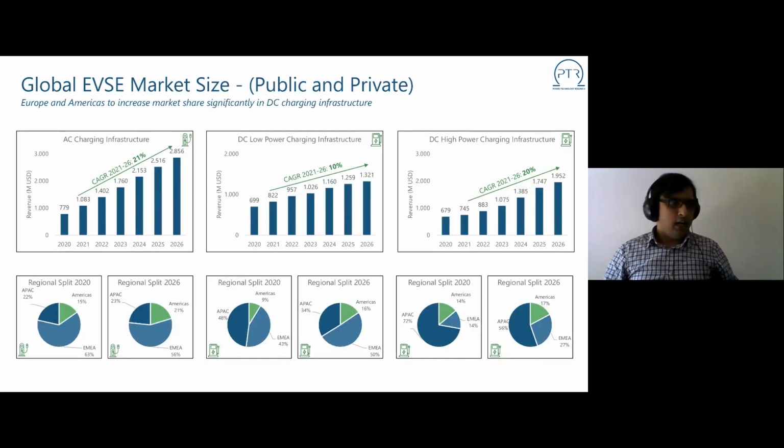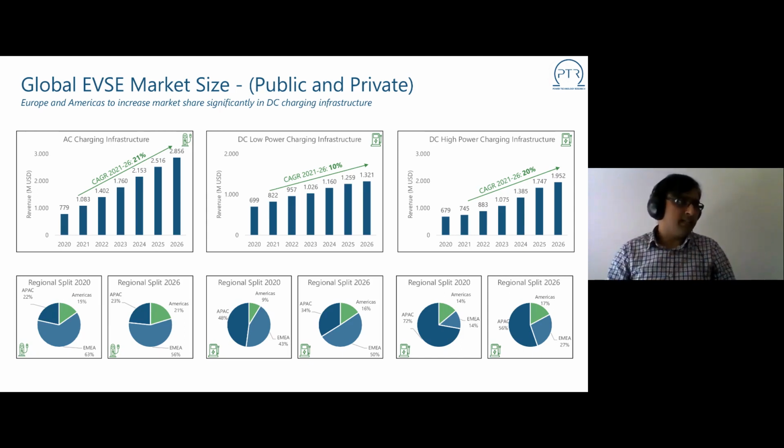To understand how this impacts the EV chargers market, as I discussed earlier, it's crucial to look at the chargers market separately for AC, and then within DC, low and high power charging. Here we have a cutoff of 60 kilowatt or 50 kilowatt, which was very common for DC high power charging. But now the trend is definitely shifting towards high power charging for DC, towards 100, 150 kilowatt, so it makes sense to have it segmented.